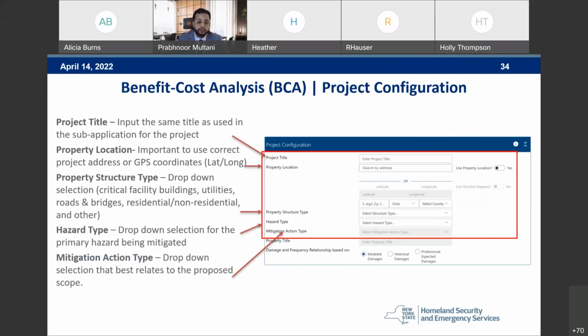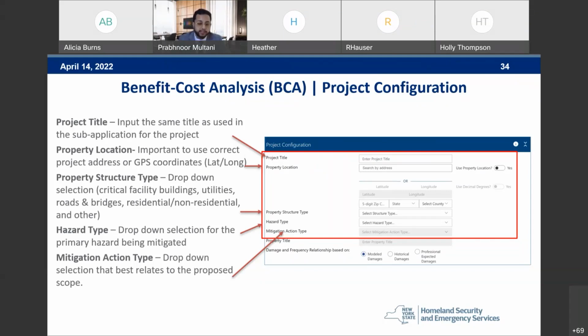Within the project configuration, the first few items it will ask you for is to enter the project title. This input will be the same title as used in the sub-application for the project. Right below that is property location. It's important to use the correct project address or the GPS coordinates, the latitude/longitude. Then right below that is property structure type. It's a drop-down selection for either critical facility buildings, utilities, roads and bridges, residential/non-residential, or other.